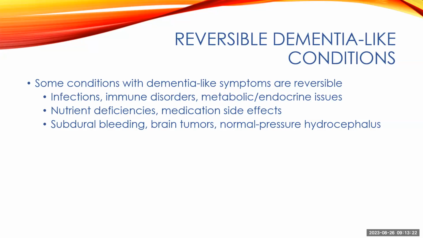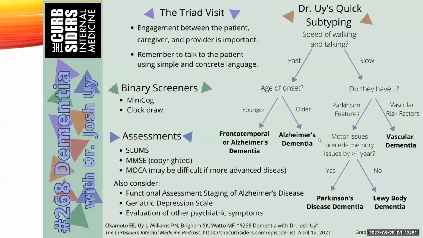He went back home, but gradually the behavior and the memory changed, and when he was back after a few months, it turned out he had subdural bleeding, and he recovered pretty dramatically after the surgeons removed the blood from his brain. So certain conditions, if you pay attention, you can help the patient. You can really save the patient.